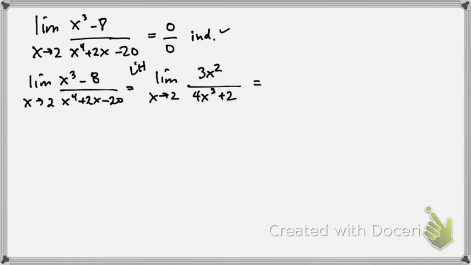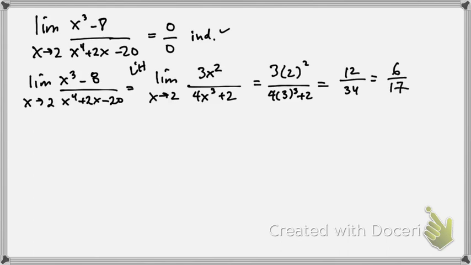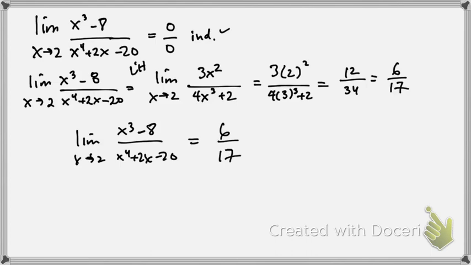Now if I take this limit, first course of action is to plug in again, and I get 12 over 34, which simplifies to 6 over 17. So my original limit as x approaches 2 of x cubed minus 8 over x to the 4th plus 2x minus 20 is equal to 6 over 17.